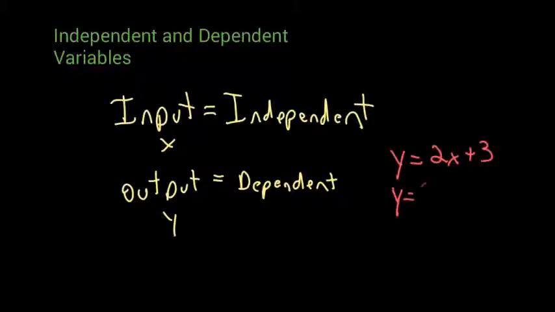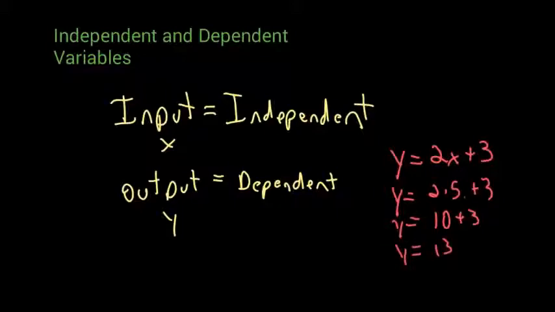So we have y equals 2 times 5 plus 3. You didn't have to add the parentheses there, I just added them. Order of operations tells you to do multiplication first anyways. So 2 times 5 is 10, plus 3 is 13.